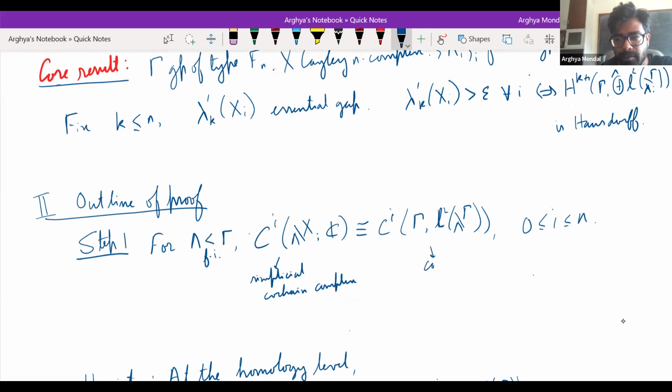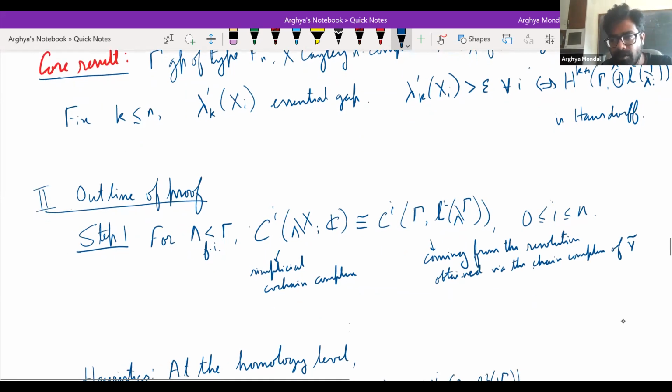is actually coming from the resolution obtained via the chain complex of Whitehead. That is the one I'm looking at. And you will notice that in that case, this group is actually isomorphic to L2(Γ/Λ) to the power y_i, which is a direct sum of Hilbert spaces.